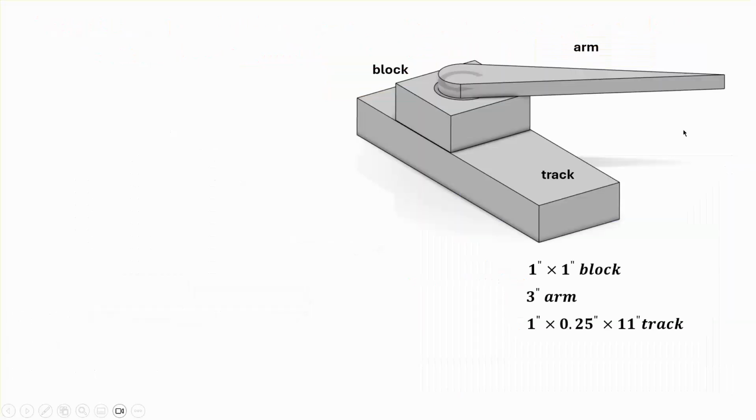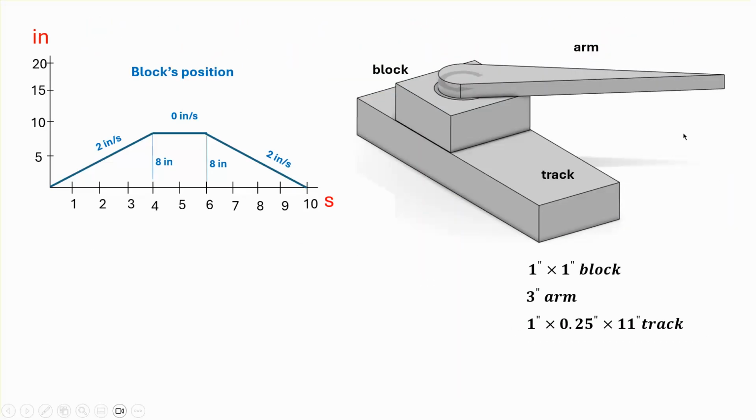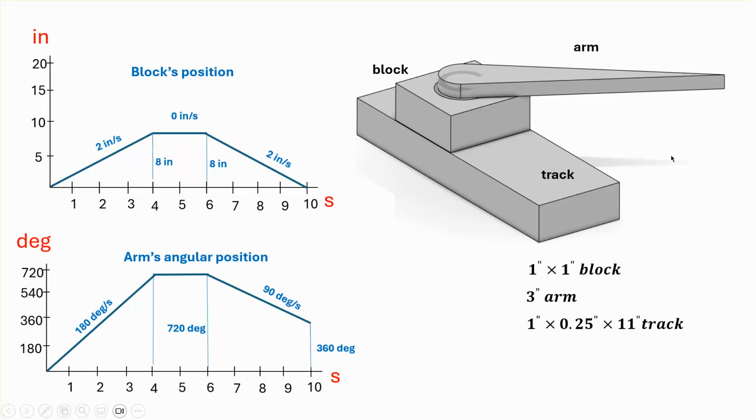The information for the motion of the block as a function of time is given according to this graph, and for rotation of the arm or the prop on the top as a function of time in terms of degrees is given as you see down here.